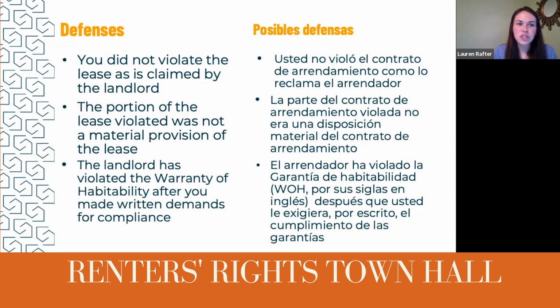Fourth, a portion of the lease that was violated was not a material provision of the lease, so it wasn't very important. And last, that the landlord has violated the warranty of habitability, so the place you're living isn't safe, and you've followed the law in order to demand compliance, and the landlord hasn't fixed anything for you.